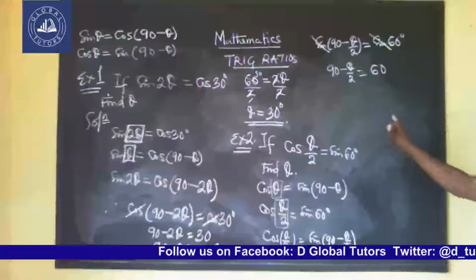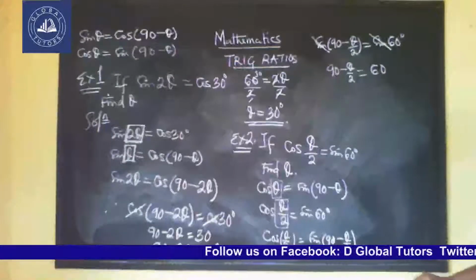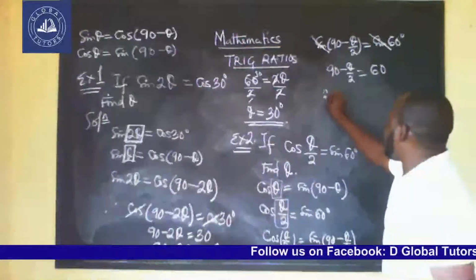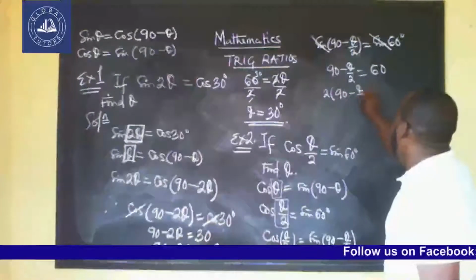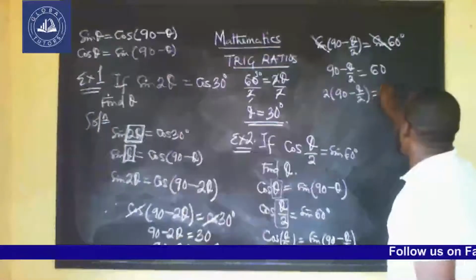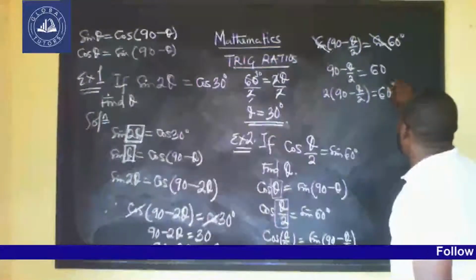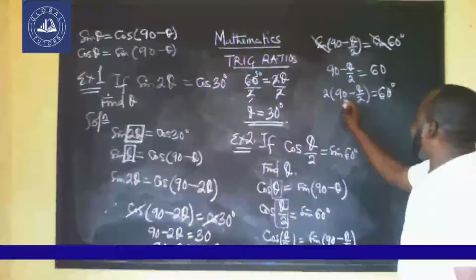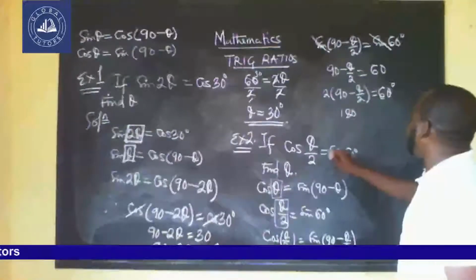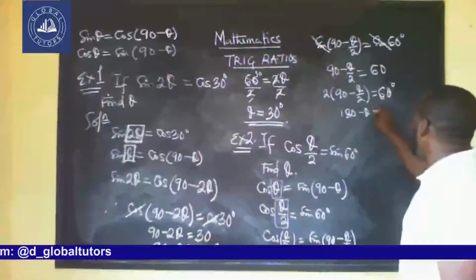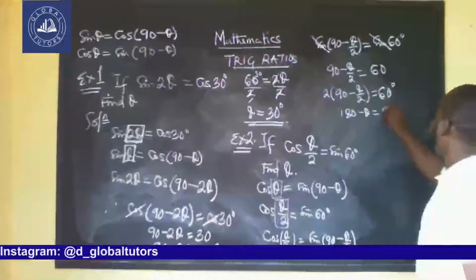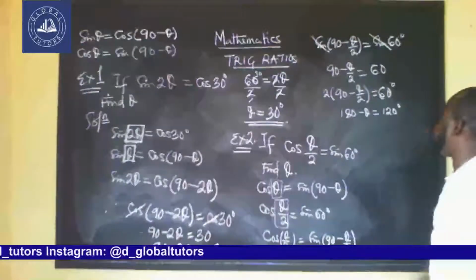From here now, what do I do? Let me multiply through by 2. So I'm going to have 2 into the bracket, 90 minus theta over 2 equals 60 degrees. 2 times 90, that gives me 180. 2 times theta over 2, that gives me theta. 2 times 60, that gives me 120.